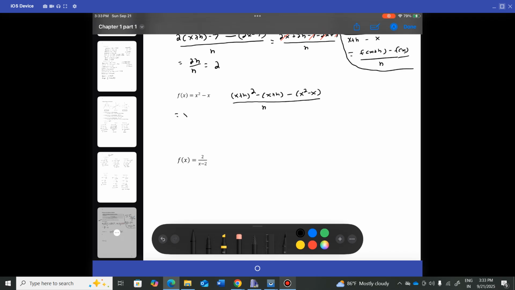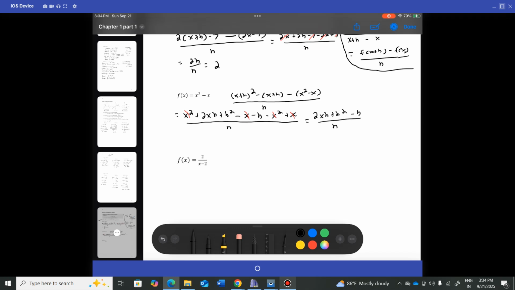So x squared plus 2xh plus h squared minus x minus h minus x squared plus x, all over h, and x squared cancels with x squared, negative x cancels with x, and that should always happen. Your original function, the terms in it should always cancel. So you end up with 2xh plus h squared minus h all over h.